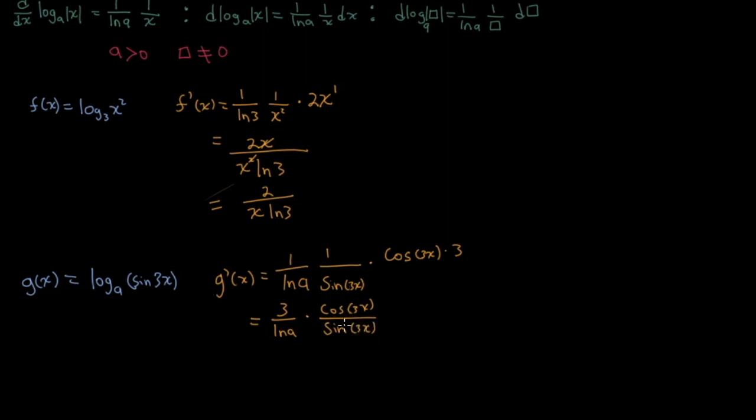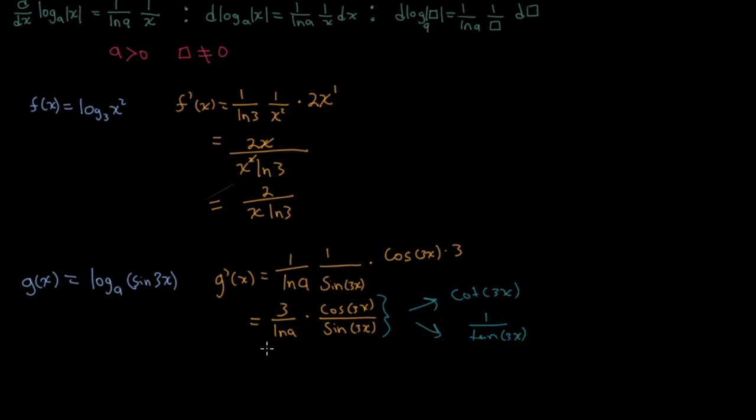Well, remember that a sine over a cos is a tan function, and a cos over a sine is a cotangent function. So this entire term here can be rewritten as the cotangent of 3x, or 1 over tan 3x.